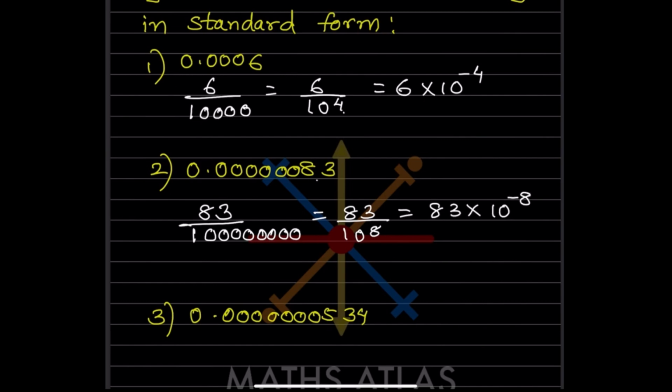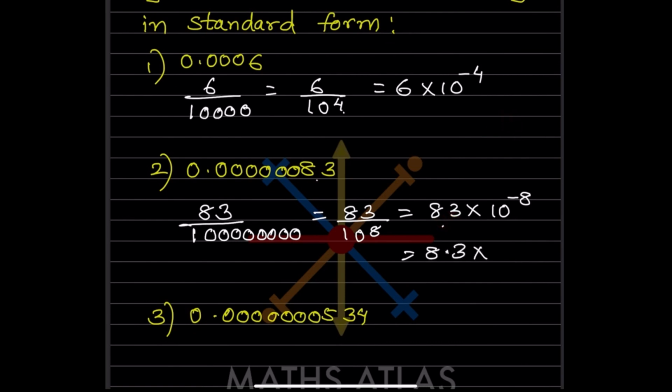But since in standard form it cannot be more than 10, how are we going to write it? Because this is 83, and we have seen in the start that m cannot be more than 10, because it should be in the form of m into 10 raised to n. So we will write this one as 8.3.